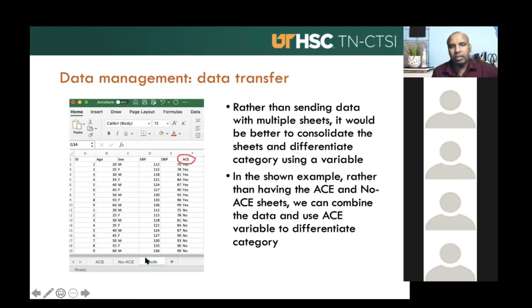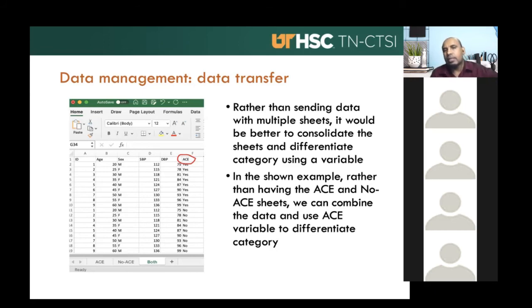But the good practice is, if the variable names like here are the same, we can combine them and differentiate whether they come from the ACE or no ACE by specifying like here. Otherwise, when you send it to data analysts or biostatisticians, there are sometimes issues about the format, and they have to convert into the same format before they are able to combine them.